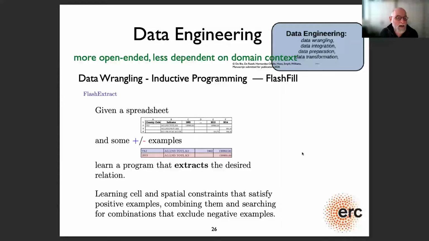Because it often happens that your data resides in spreadsheets or in other ill-formatted data forms, and you want to transform it into tables, tabular records, or so on. And here is another example, Flash Extract, one of the follow-up systems, where you could show positive and negative examples of desired and undesired transformations.